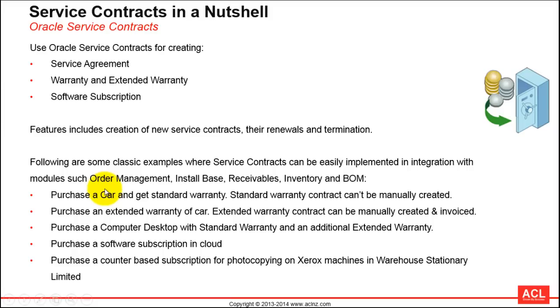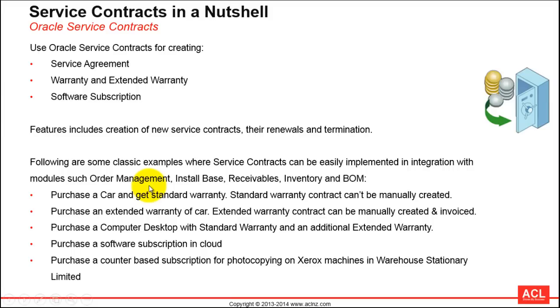And the car which got purchased, or the item which got sold, will always have an instance, and that unique instance of that item can be tracked in what you call the install base module. So when you log into the install base module, you can query a particular item instance by a sales order, by its serial number, or by a service contract number associated with that particular item.